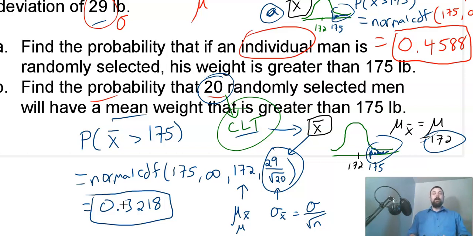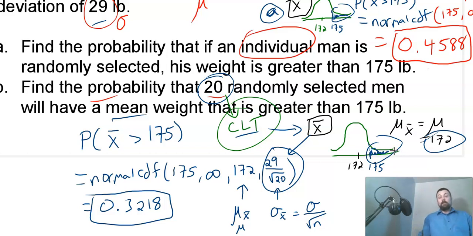So to have 20 people with an average weight exceeding 175, it's not rare. I mean, it's 32% of the time that will happen, but it does happen less frequently than an individual's weight being more than 175.